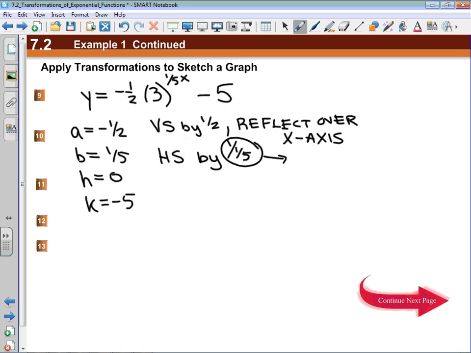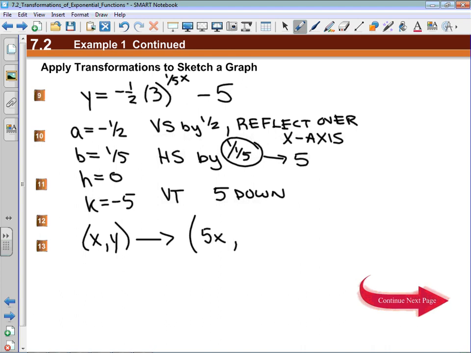So all of my x values will get multiplied by 5. Last one there, k is equal to -5, means we have a vertical translation 5 down. And all of this can be summarized with x, y on the untransformed function turning into 5x, -1/2 y minus 5. Big fan of that mapping.